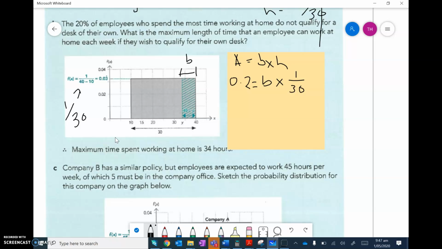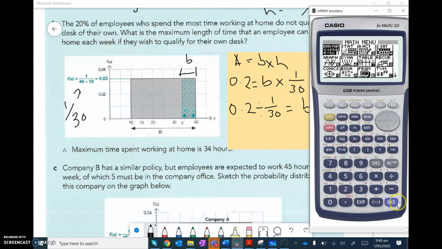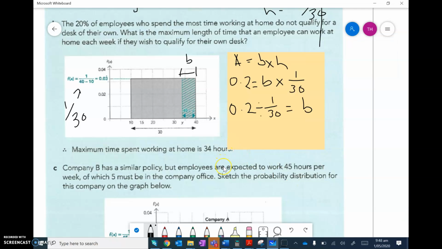Now we need to know a little bit of algebra. I want to get B by itself. This is times 1 over 30. To get it to the other side, I need to divide by 1 over 30. So 0.2 divided by 1 over 30 equals B. So I do this into my calculator: 0.2 divided by 1/30 equals 6. So that tells me my B equals 6.